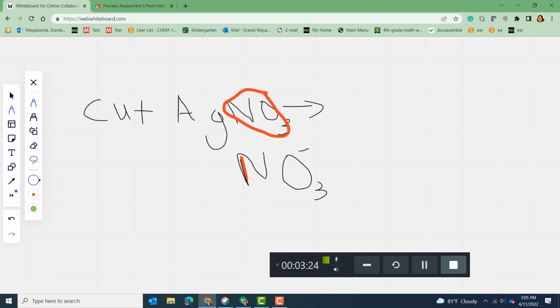So how do you write your products? Copper goes with the nitrate, and silver is released from the reaction. So your products would be copper nitrate.